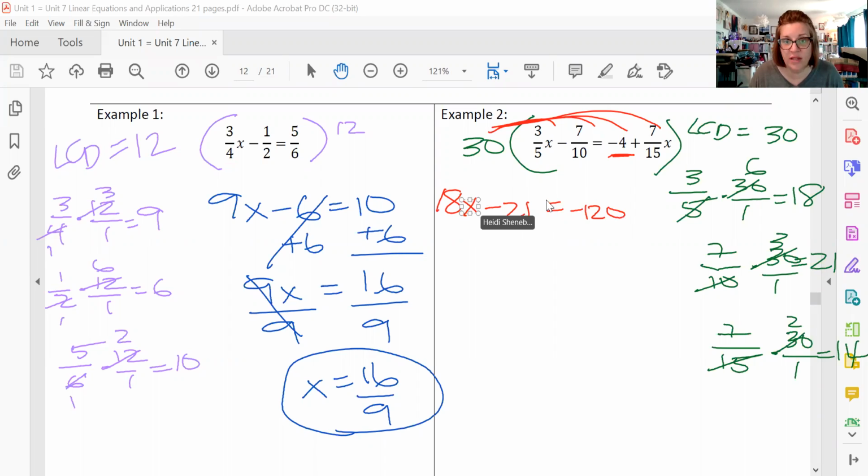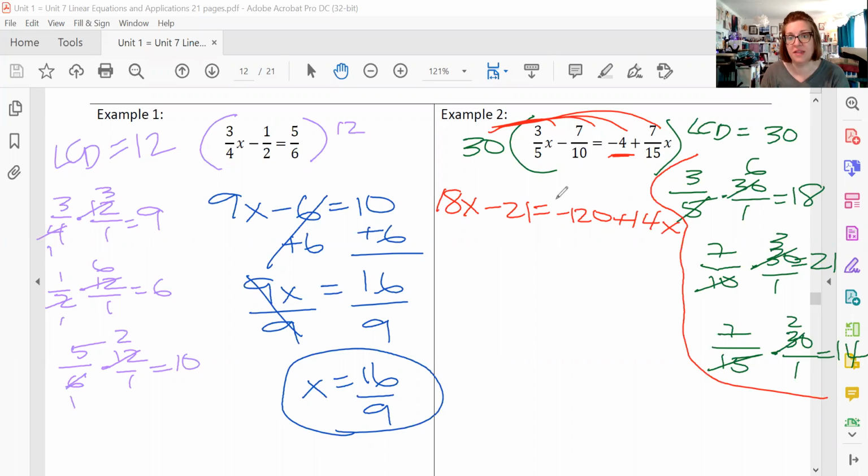So that's going to be -120. And then 7/15 turns into 14x. This is my scribbling off on the side there. This is my equation right here.